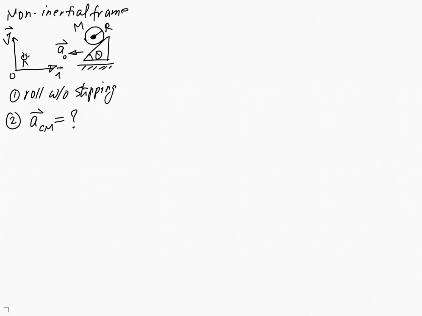And we know that the center of mass is inside the non-inertial frame that is moving at acceleration a0 already along with the triangular box. At the same time, it will roll without slipping along the slant surface.